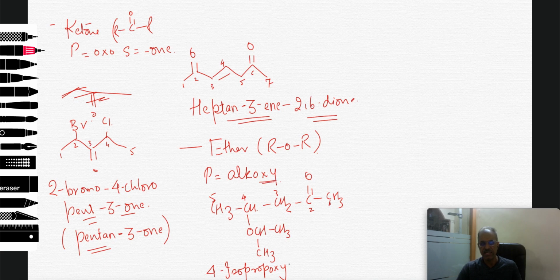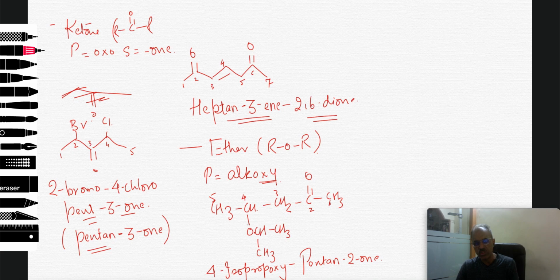Isopropoxy pentane-2-one. Pentane-2-one. Right? 4-isopropoxy, because this is an isopropyl group. CH, CH3, CH3, CH, CH3. At the second carbon atom, it is bonded to oxygen.